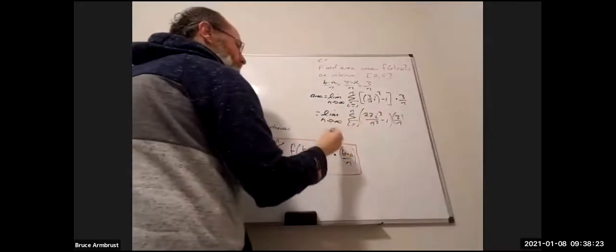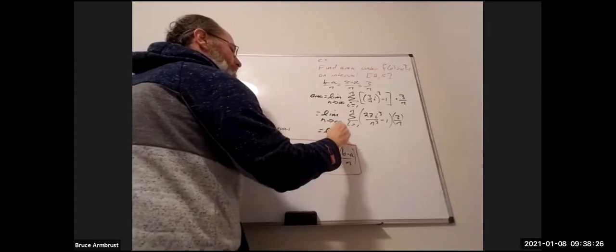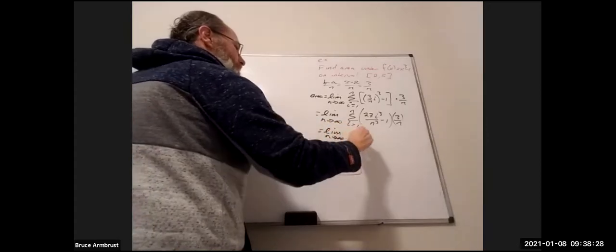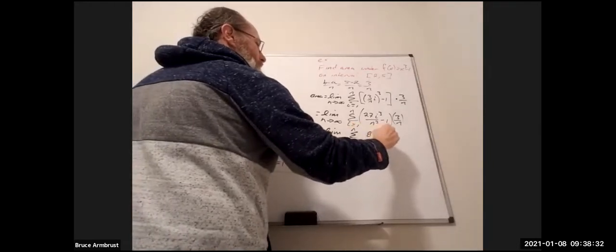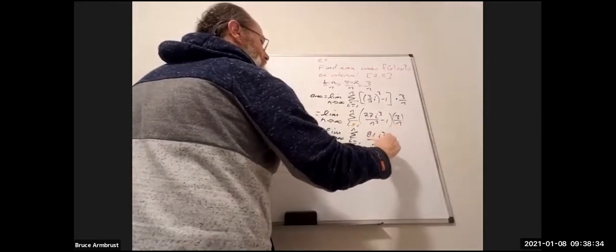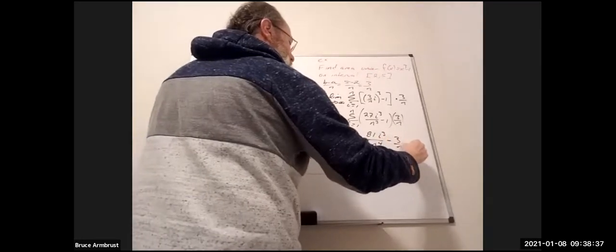Now when I pass that 3 over n in, the limit as n goes to infinity of the sum from 1 to n of 81 I cubed over n to the 4th minus 3 over n.